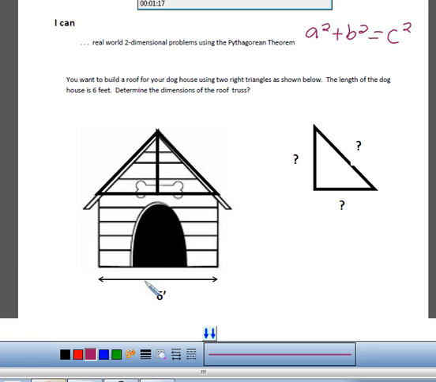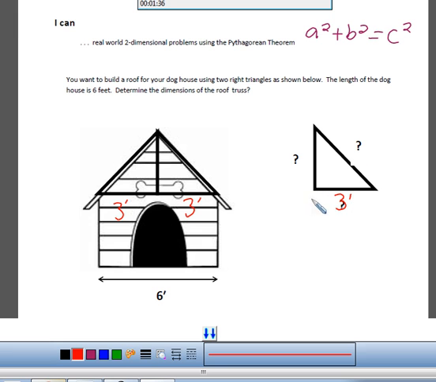Obviously, since the length of the doghouse is 6 feet, if we were to split that in half, we would have 3 feet and 3 feet. So we know that one of the legs is going to be 3 feet.